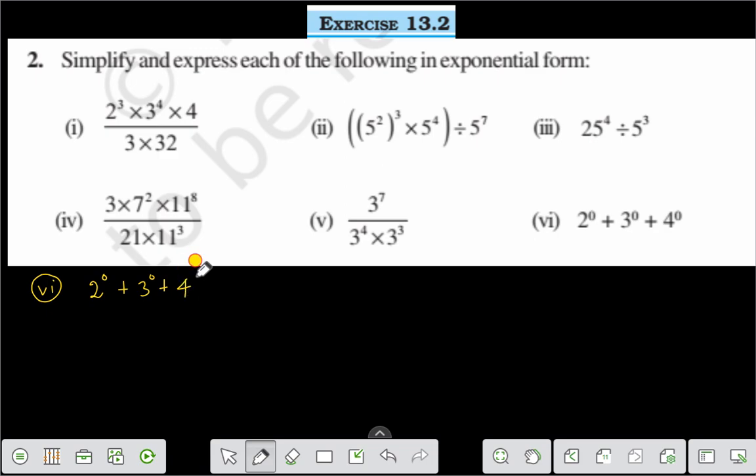That means 2 to the power 0 is 1, plus 3 to the power 0 is 1, plus 4 to the power 0 is 1. That is 1 plus 1 plus 1, which comes to 3. Right? Therefore, we solved this problem.